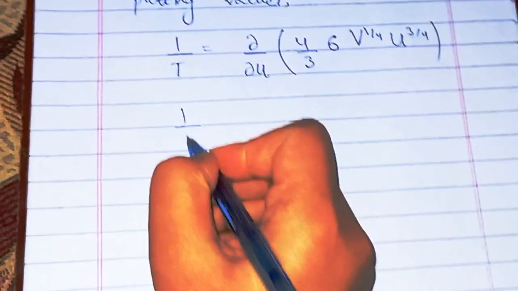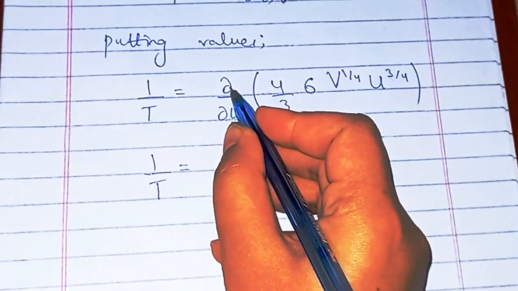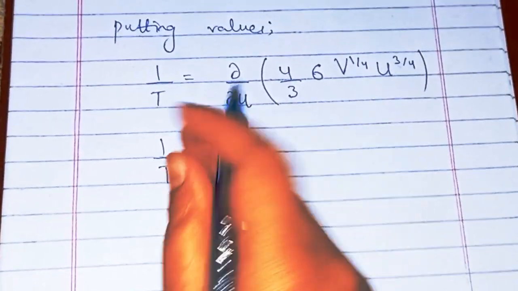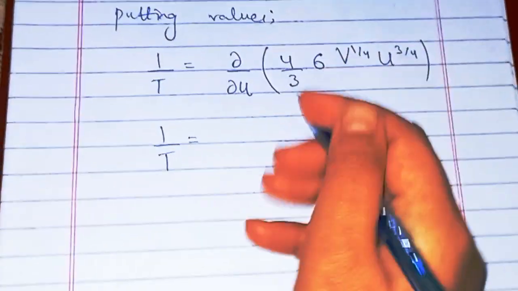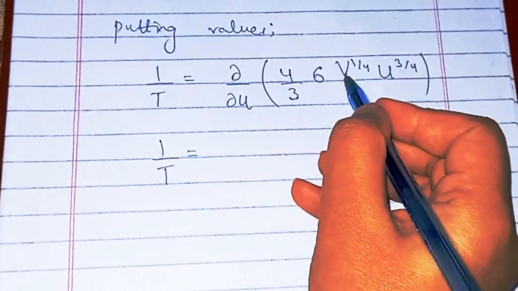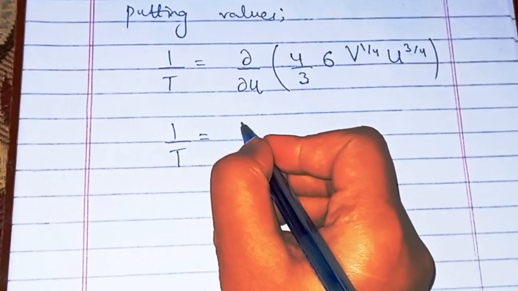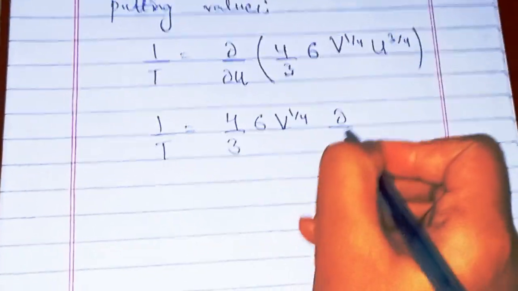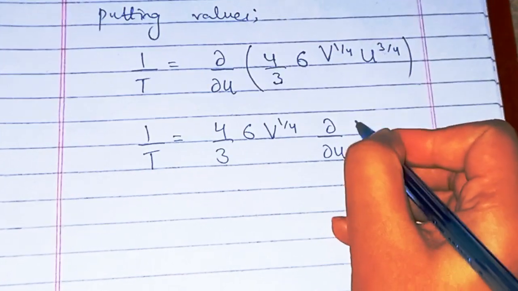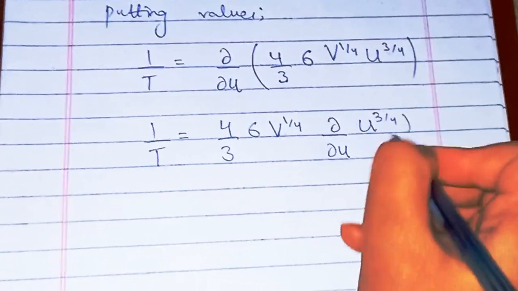Since it's the partial derivative with respect to U, all of the quantities will be considered constant except U. So we can take 4 by 3 sigma and V to the power 1 by 4 outside of this differentiation. So partial by partial U will simply be applied on U to the power 3 by 4.